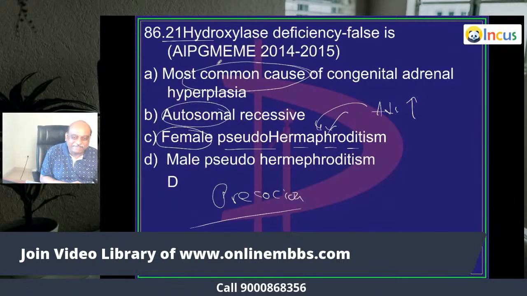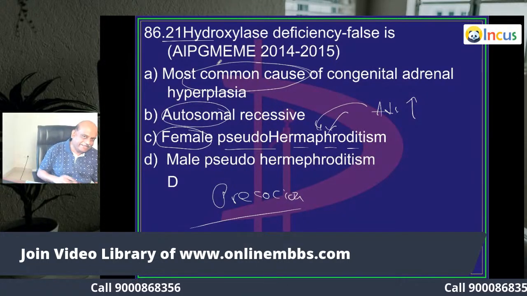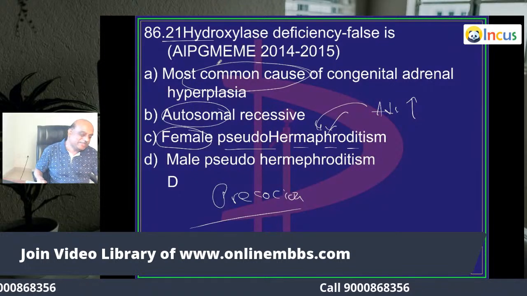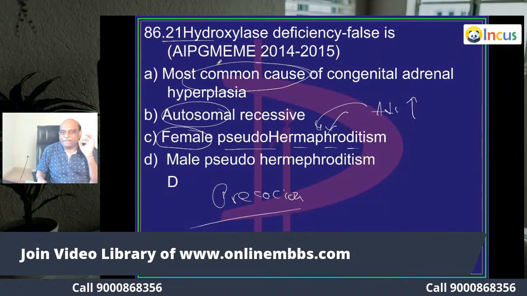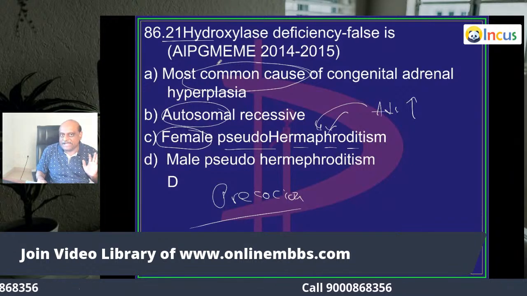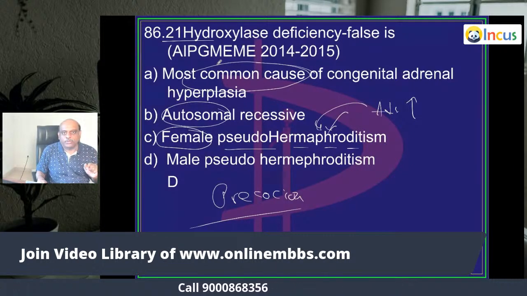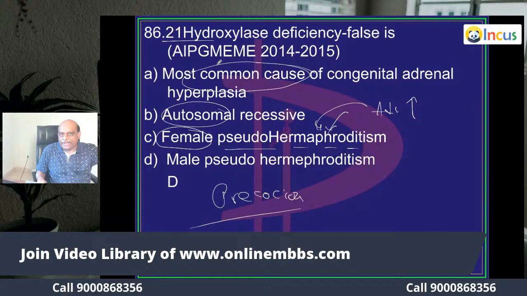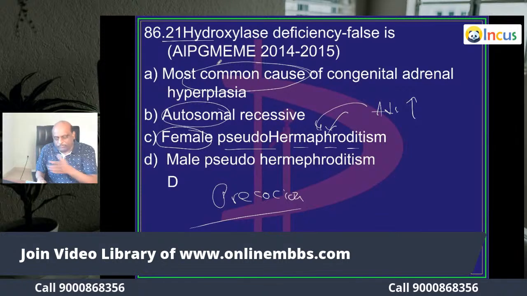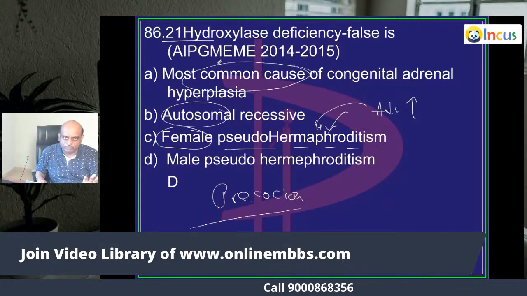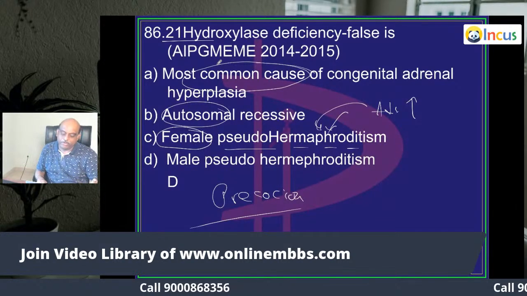Brother, now let me tell you a trade secret about congenital adrenal hyperplasia. Which type of congenital adrenal hyperplasia has high mineralocorticoid and high testosterone? One of the other questions, I will give you one classical mnemonic for you to remember.